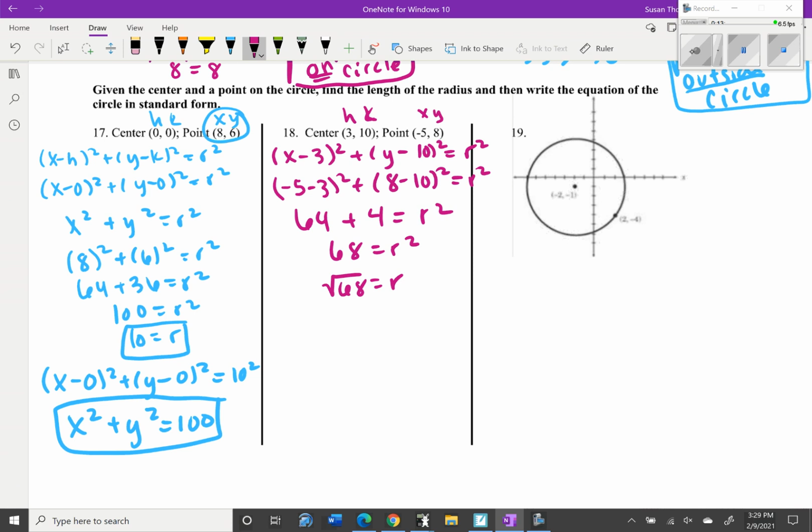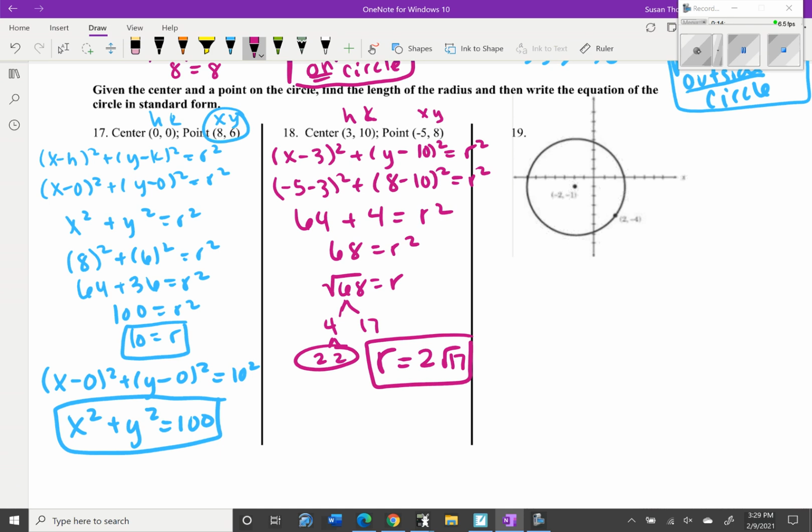So 68 is not a perfect square, so we're going to break this down to reduce our radical. So we get 4 and 17, and 4 breaks down into 2 and 2. So that means 2 would go on the outside and 17 would stay underneath the radical. So our radius is equal to 2 root 17.